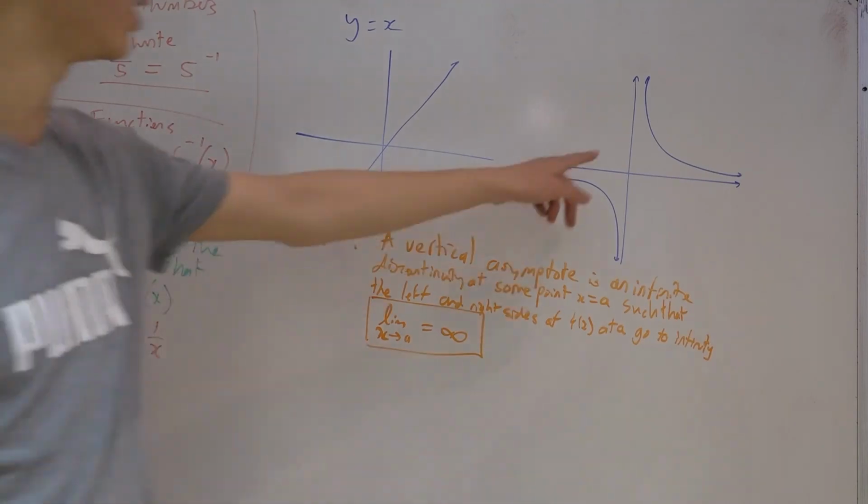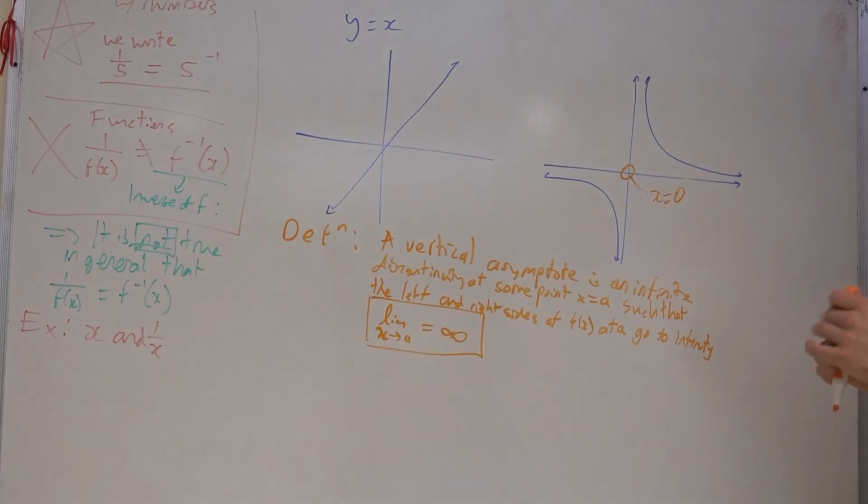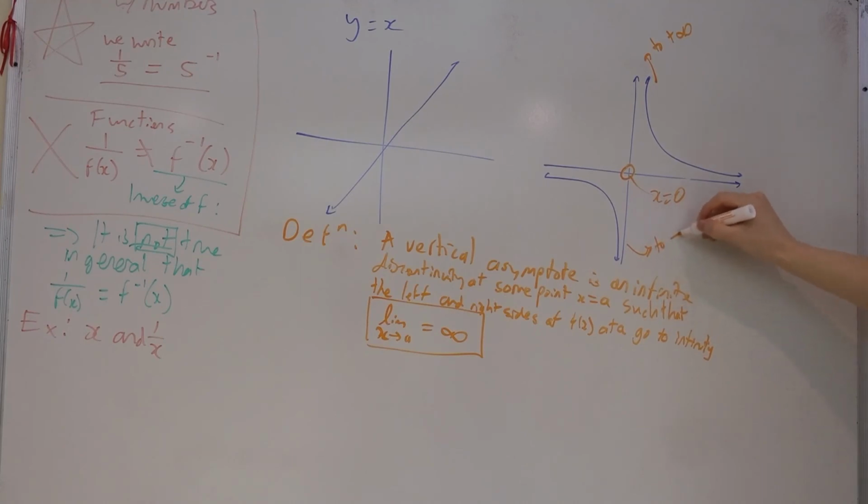So here, as you can see, let's just consider the point x equals 0. Okay. On the right side, this graph goes up and up and up to infinity. It never touches the y-axis. Okay, so this goes to positive infinity, and this one goes on the left side. It goes to negative infinity.